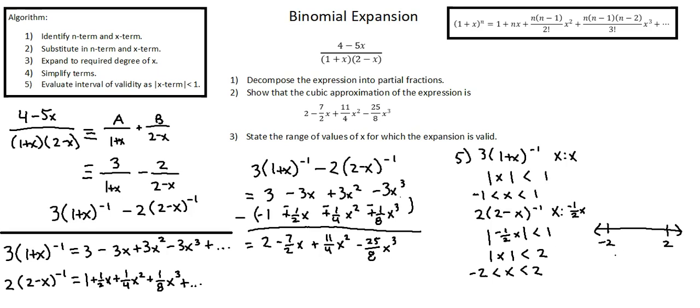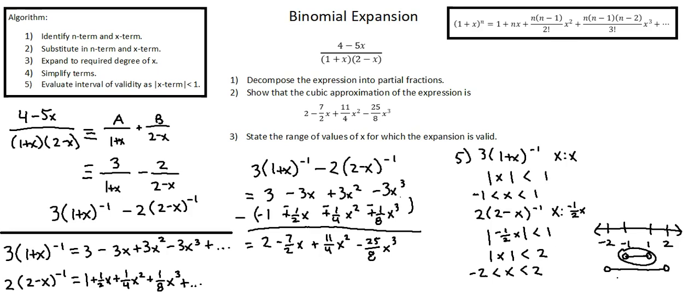In the case of our first interval, we'll show that interval is from negative 1 to 1, exclusive. In the case of the second interval, we go from negative 2 to 2, exclusive, and then identifying where we satisfy both ranges, we can see that that's going to be the range negative 1 to 1.